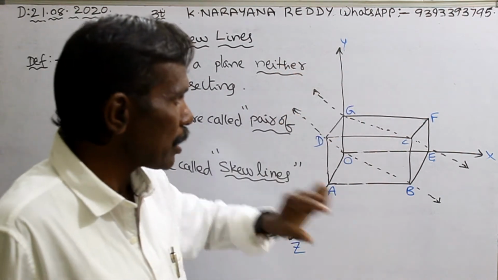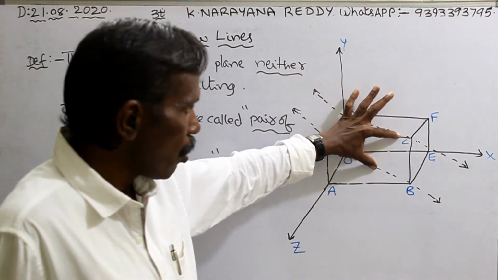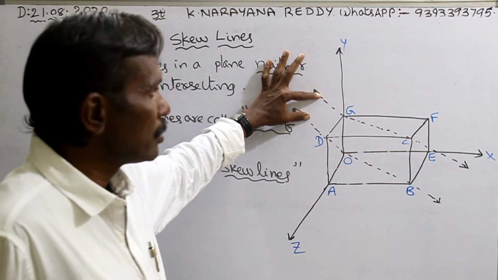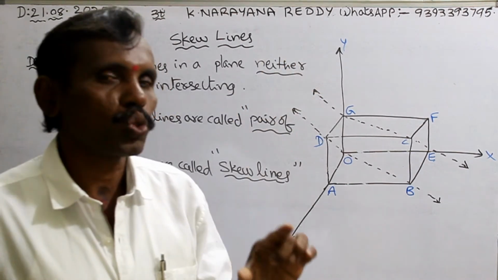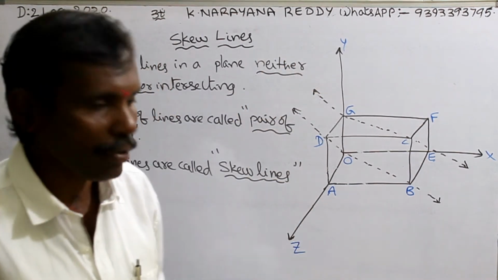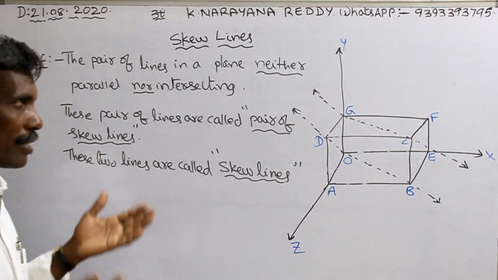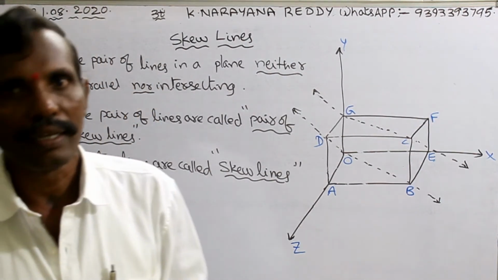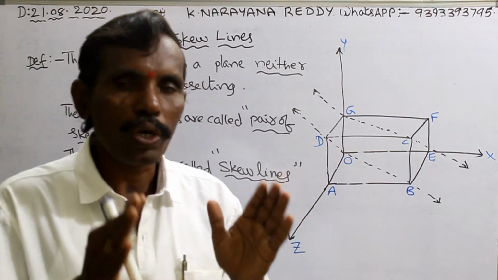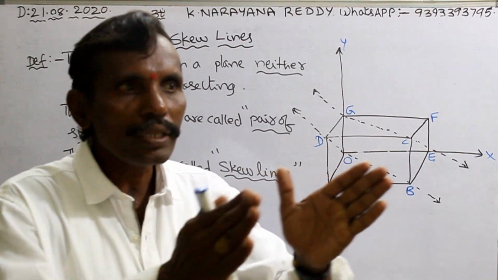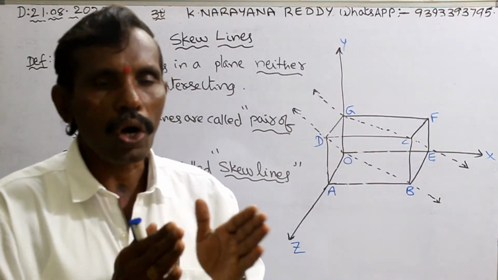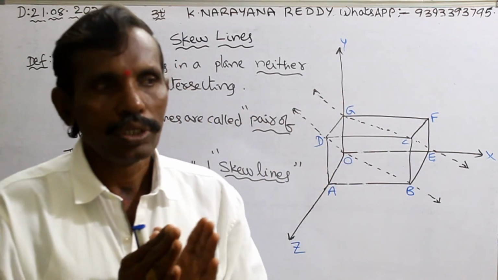But please observe here. Here distance is more, here distance is less. That means those two lines are not parallel. What is parallel? Parallel lines are those lines where the distance between the two lines is the same throughout the space, throughout the lines. Okay?